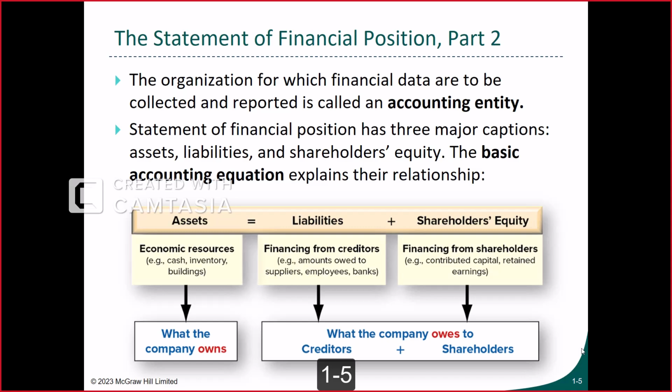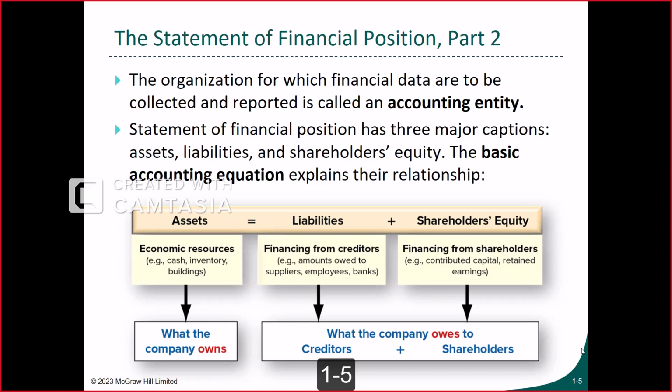So the statement of financial position is a sheet that has two sides. Even though it is presented in one single column, conceptually it is about two different sides. On one side we have the assets that are the economic resources like cash, inventory, building. What else?